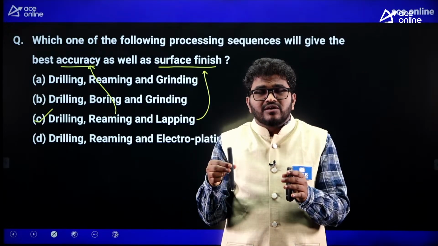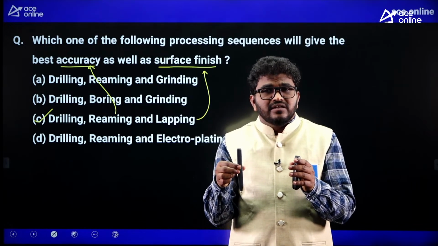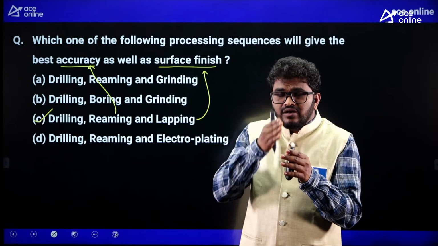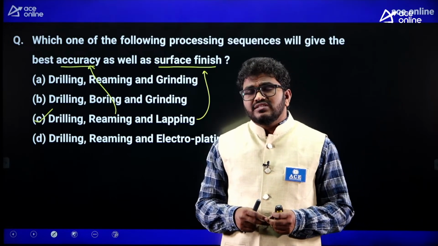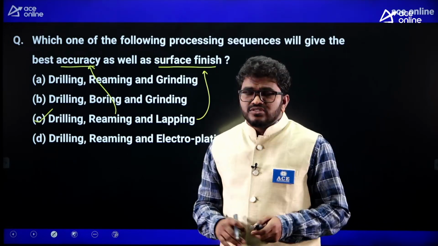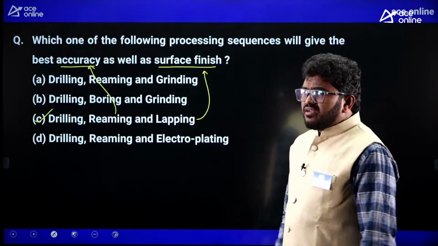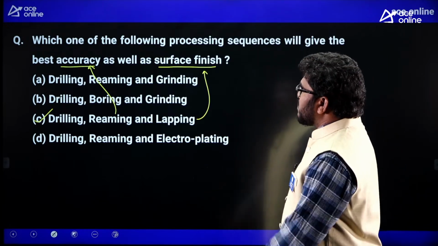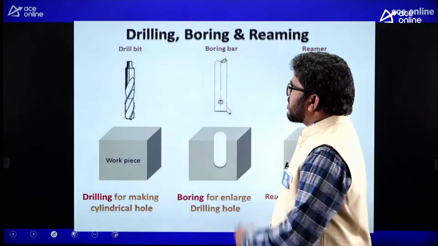If we keep these 2 electrodes in an electrolyte and connect electric terminals with the battery, the electrons move from cathode to anode. The material layer is formed on the surface of one particular electrode. That is electroplating. You will not get a good surface finish from that, because the accumulation of atoms is not uniform. So the correct answer for this is drilling, reaming and lapping.